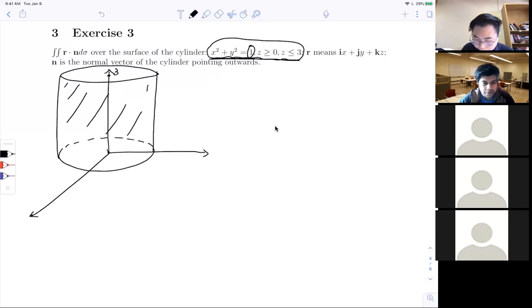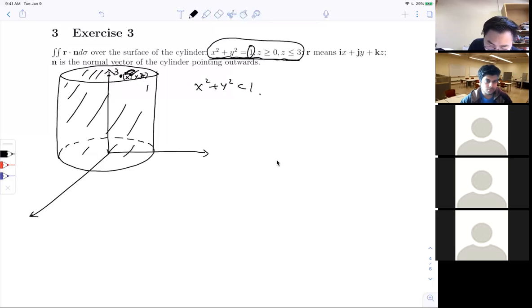Can you repeat that a little bit more? That signal kept cutting out. What did you say about x squared plus y squared being less than 1 again? Oh, okay. Here I just want to argue that the integration region does not include the top disk and the bottom disk, because for any point x, y, z on the disk, x squared plus y squared is smaller than 1.